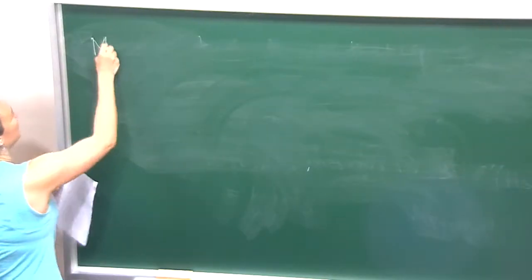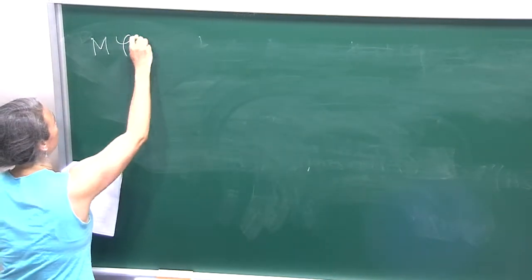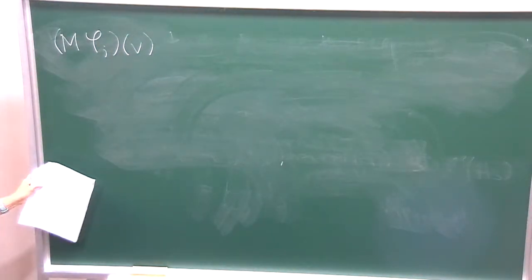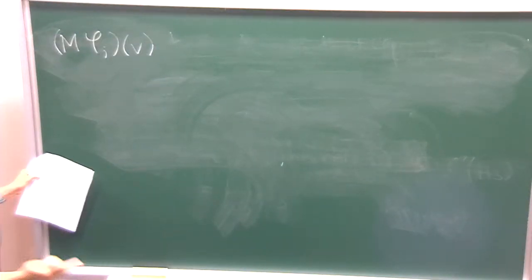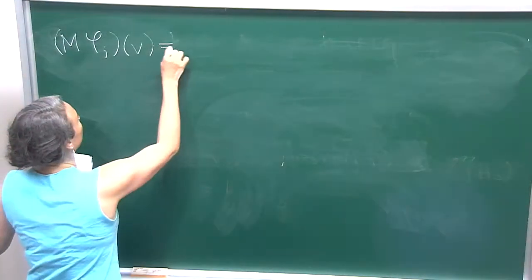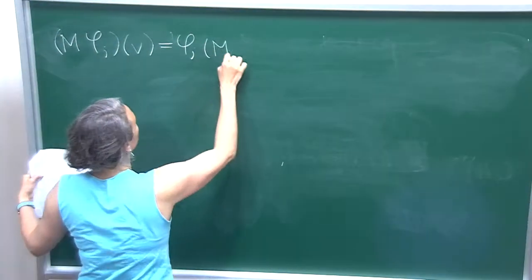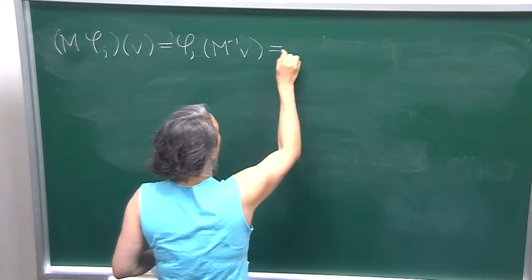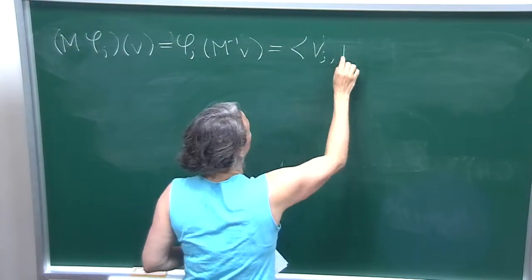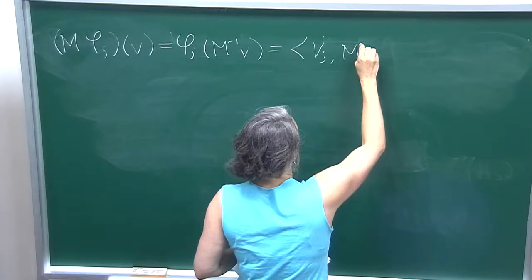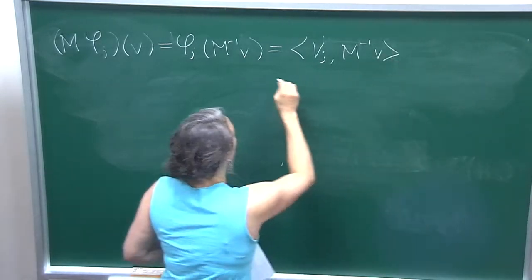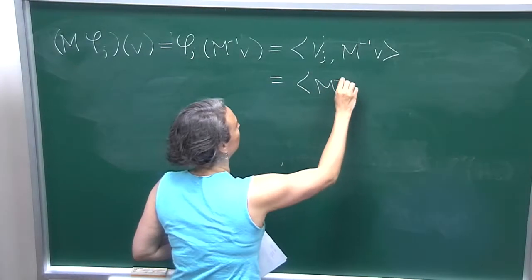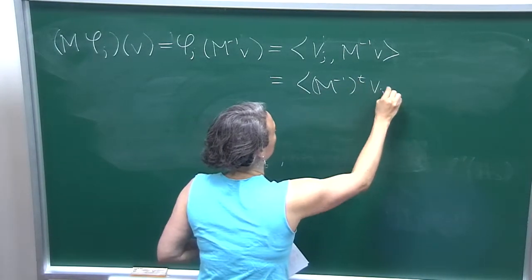So my matrix M applied to phi_j, I'm going to apply this to v, okay? The phi_j's are maps, which means now you know, because you checked it in your homework, that I need to put an inverse. Otherwise, I don't get an honest action. And then this is going to be v_j applied against M inverse of v, and because we know the definition of the inner product, this is going to be M inverse transpose v_j, v.